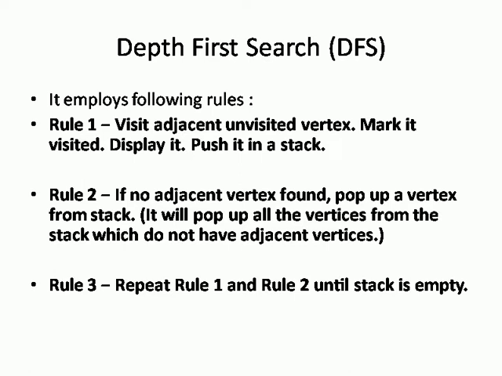It will pop all the vertices from the stack which do not have adjacent vertices. Rule 3 says repeat rule 1 and 2 until the stack is empty. So we'll take an example and discuss how these three rules are applied to perform the depth first traversal.